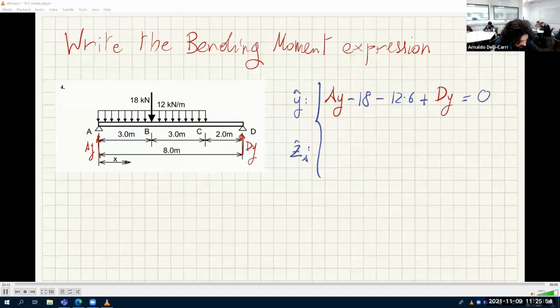And for the moments equation around A, AY doesn't give any moment about A, of course, because it's passing through A. Then we have 18 times 3, which is negative, so it's minus 18 times 3 meters, so 18 times 3 kilonewton meters of moment, minus 12 times 6 times again 3 kilonewton meters, plus DY times 8.